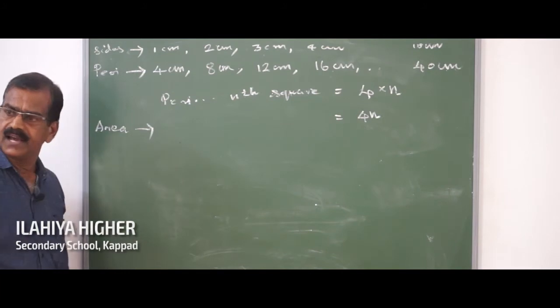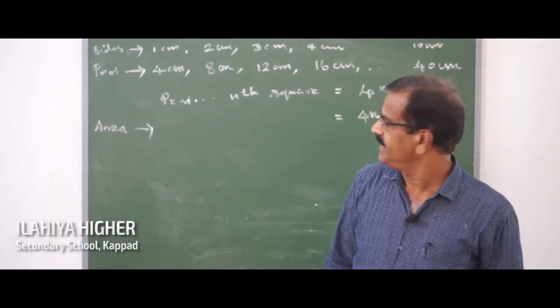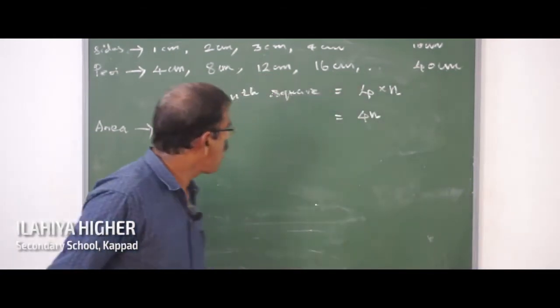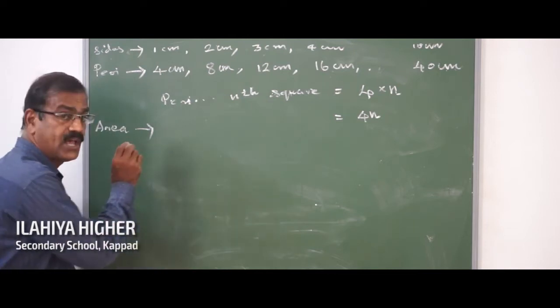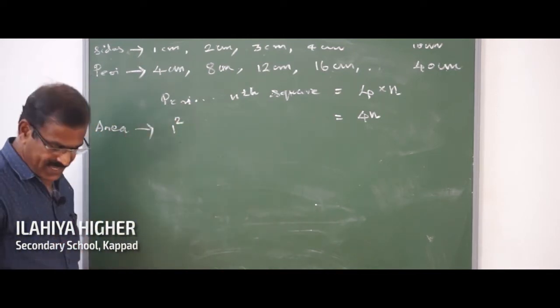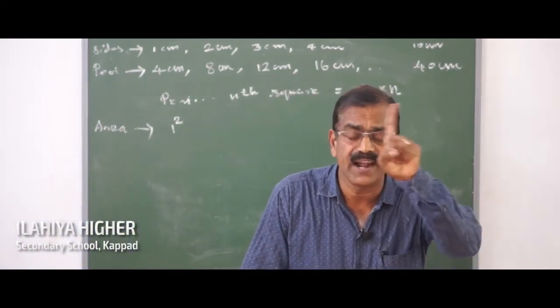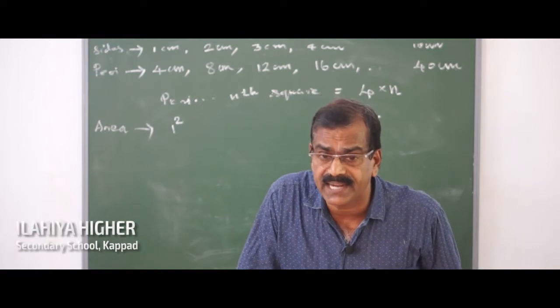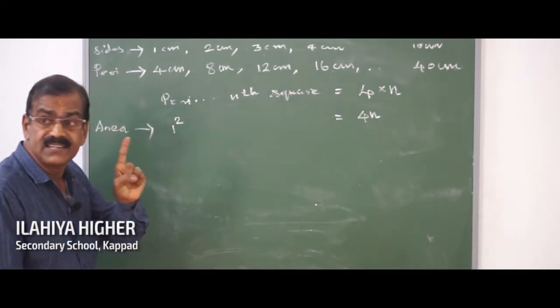Now, what is area? What is area of those squares? See, area of the first square having length of one side 1 cm is 1 square. We know the square of one side of a square is its area. That much is square centimeter.